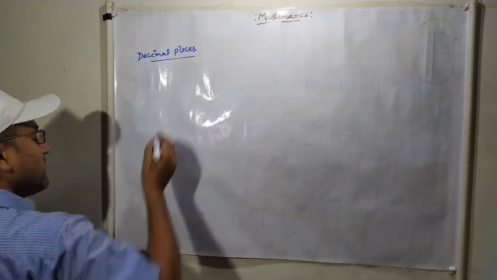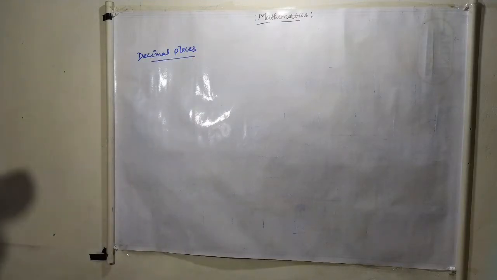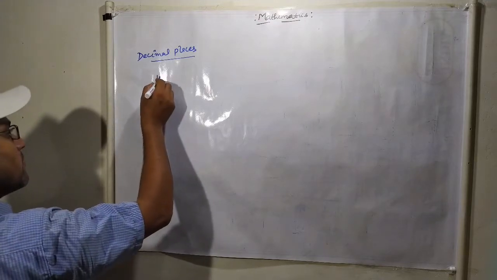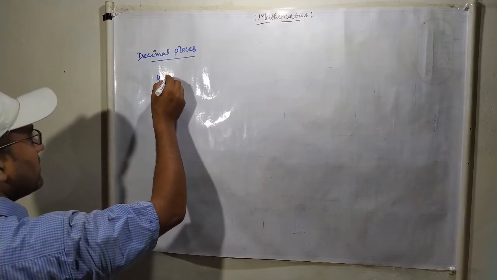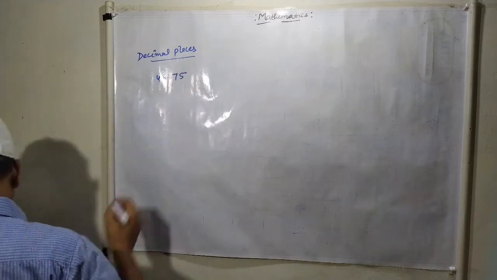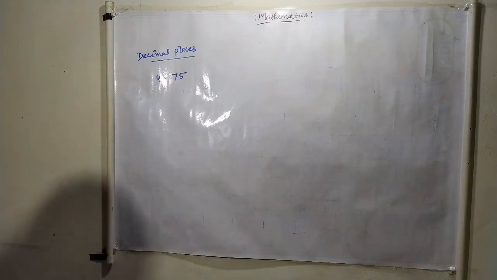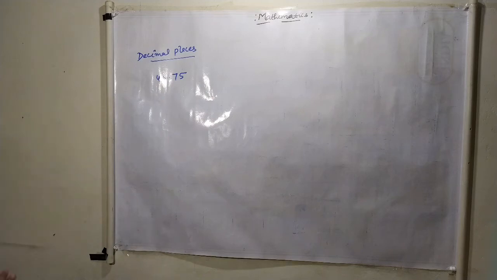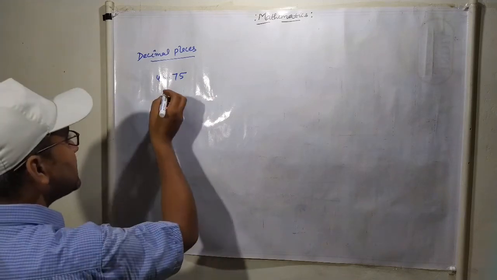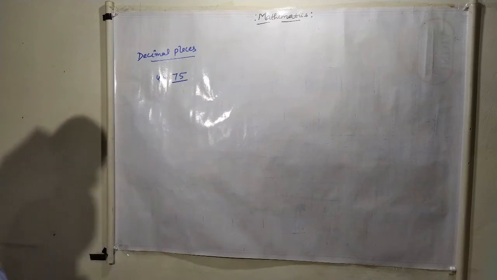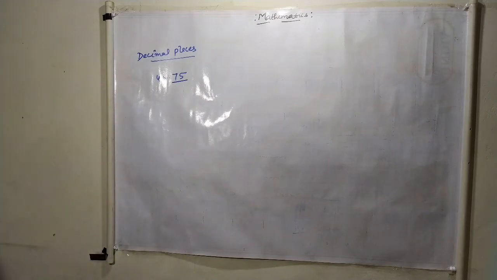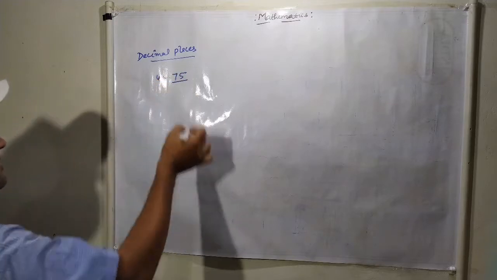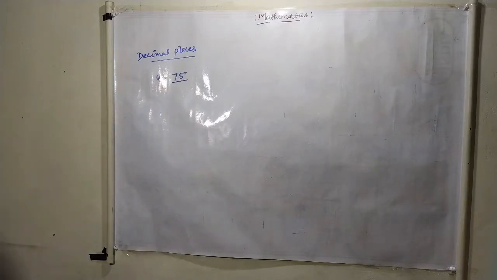Decimal places. If any decimal number is given, like 49.75, the number of digits in the decimal part is known as decimal places.